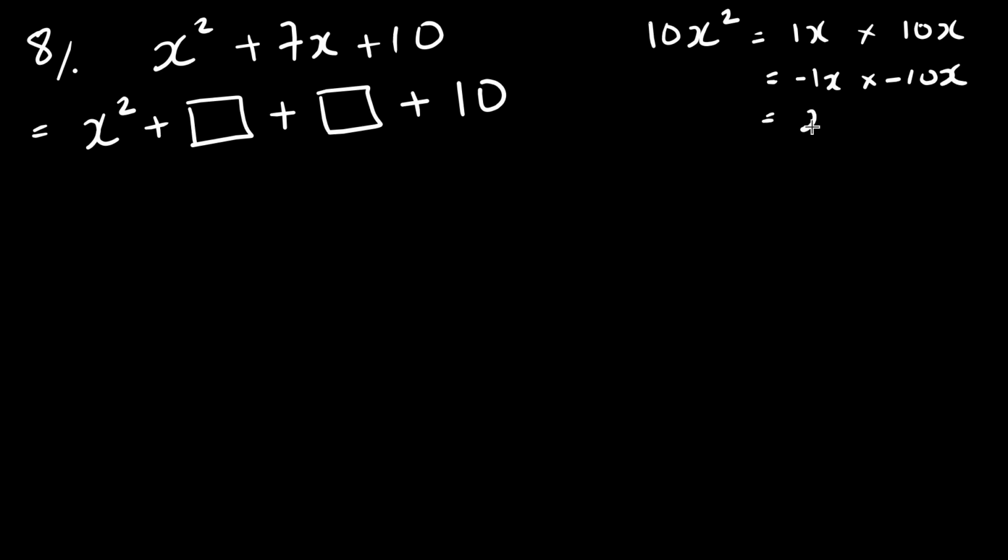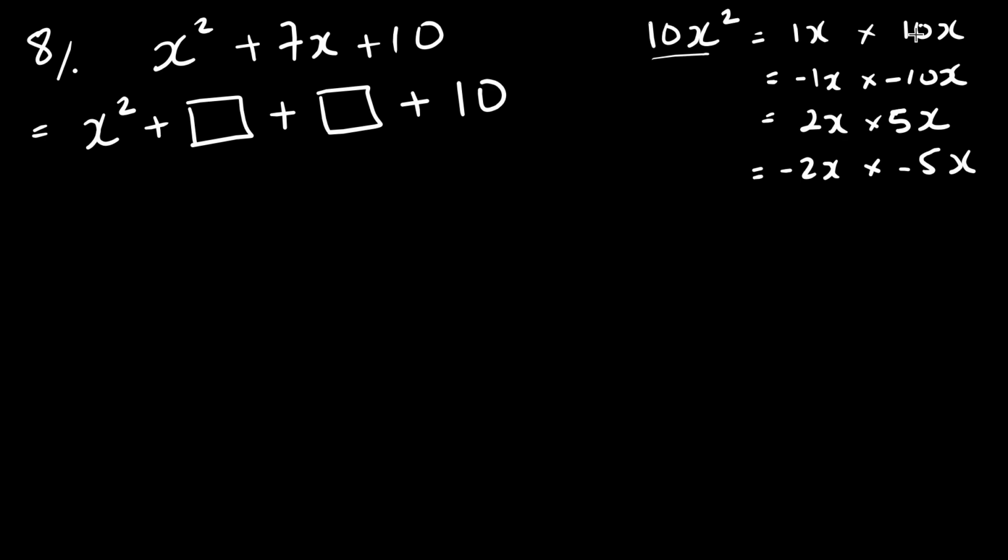We could use 2x times 5x, or we could use negative 2x times negative 5x. And I've written out all of the possible factors and considered the signs, because if we have a positive term here, the only way to get a positive term is to multiply a positive by a positive or a negative by a negative, right?